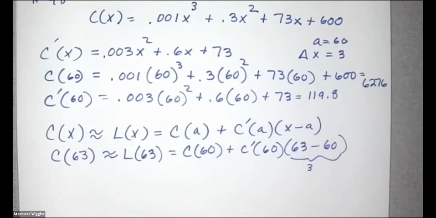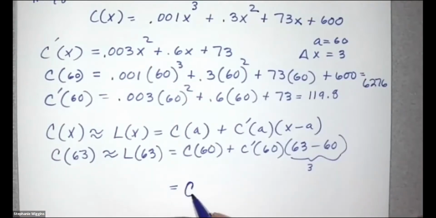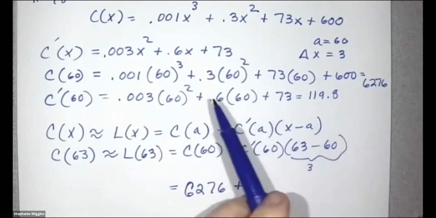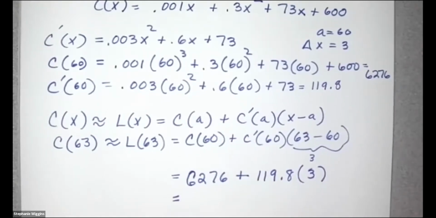So this becomes 6276. So that's the cost at 60. Then we're going to add the change in the cost, and that's going to be the derivative, which is 119.8 times 3. So this is what we're calculating.